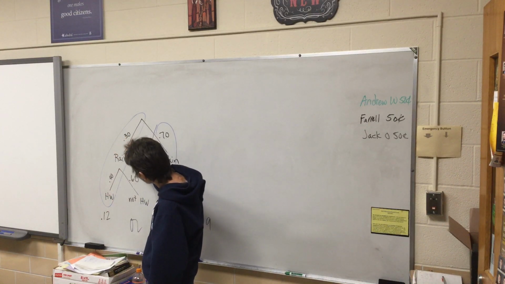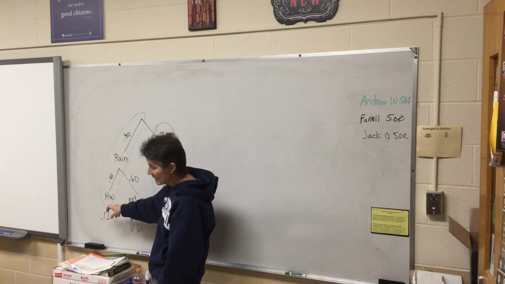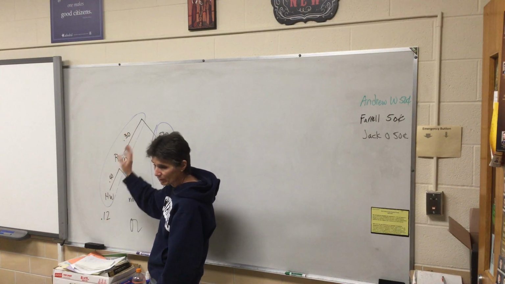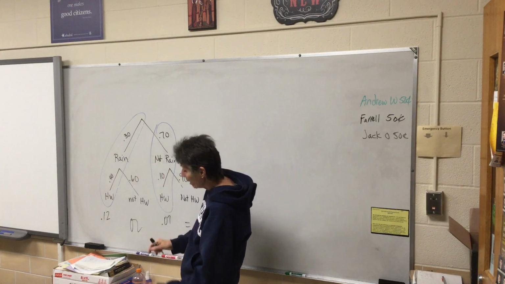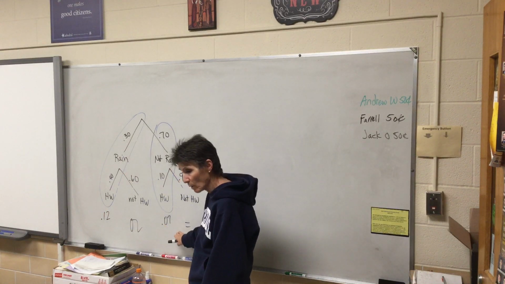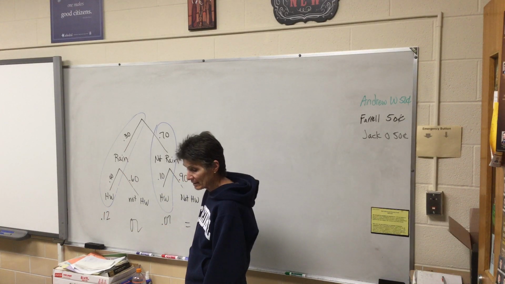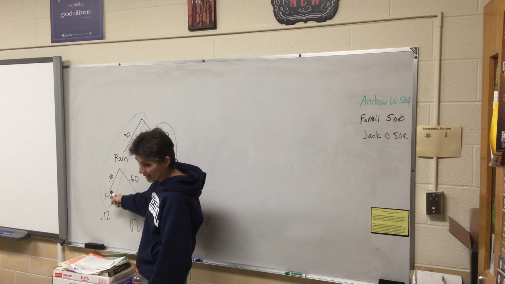Remember that when we are doing rain and homework, we're going to multiply. Anytime we are anding, we're going to multiply. Anytime we're saying, well, he can do it this way or he can do it this way, then we're adding. So we're always going to multiply on the branch.